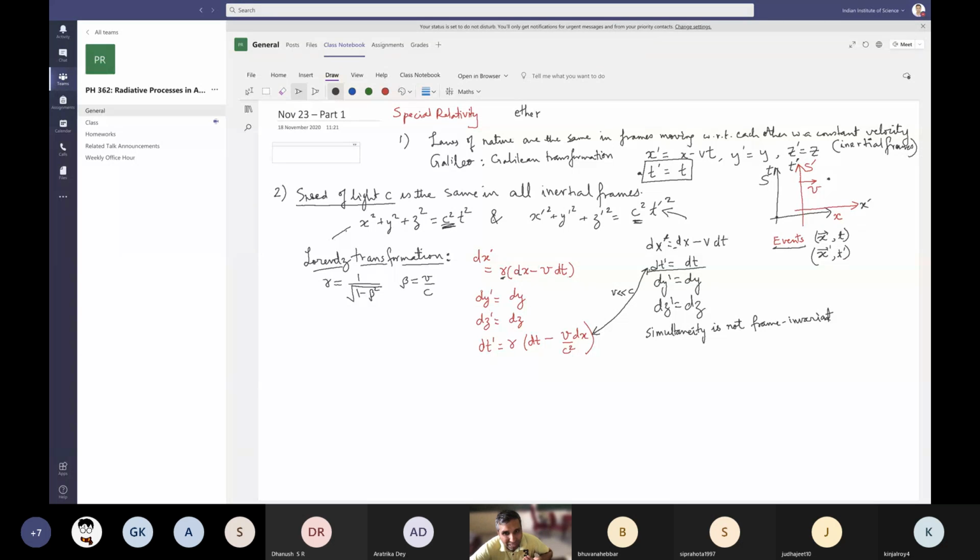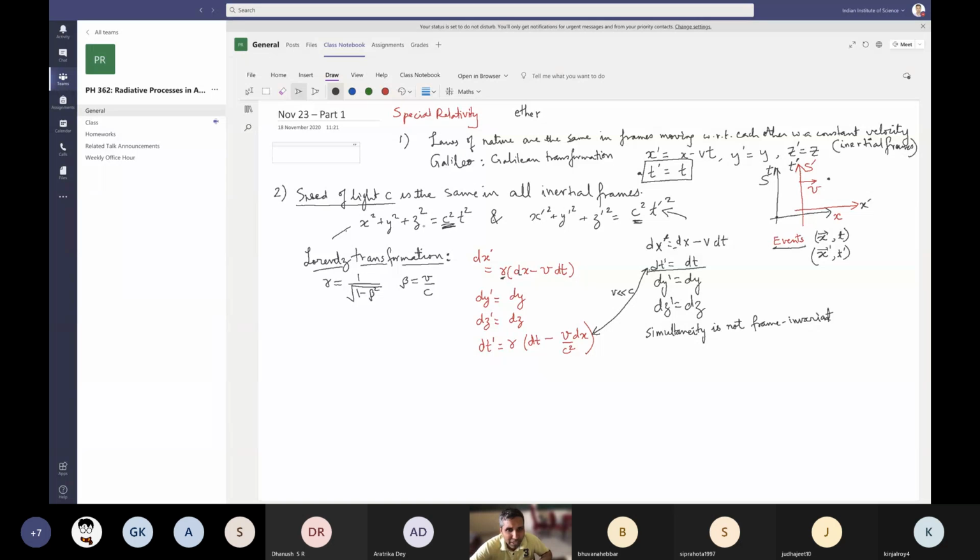And that's why it was with light that people were having problems in the late 19th century. There were no particle accelerators and so on at that time. The only thing that moved close to the speed of light was the light itself. So people were trying to look at the relative motion of the earth with respect to the ether, and all those efforts failed because there is no ether. There is no medium.